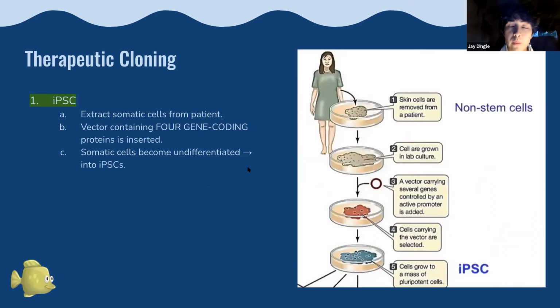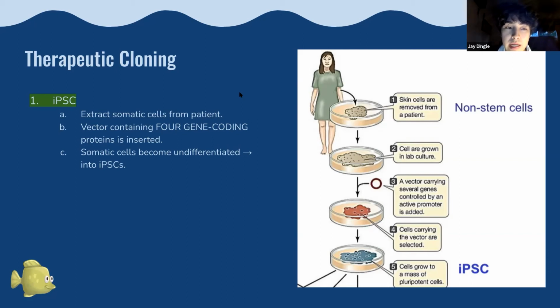On to the next one, this second method is induced pluripotent stem cells, which is where we extract our somatic cells from our patient, and then a vector containing 4 gene coding proteins is inserted, which causes the somatic cells to become undifferentiated back into an induced pluripotent stem cell stage.